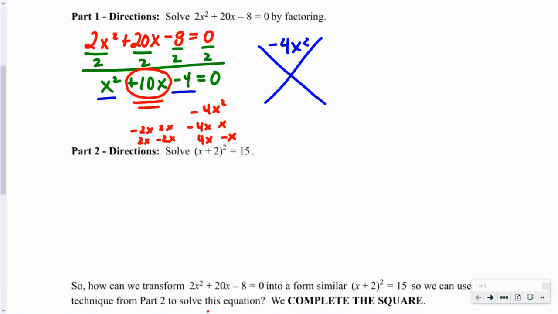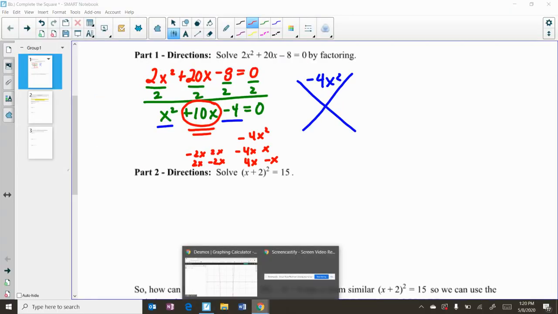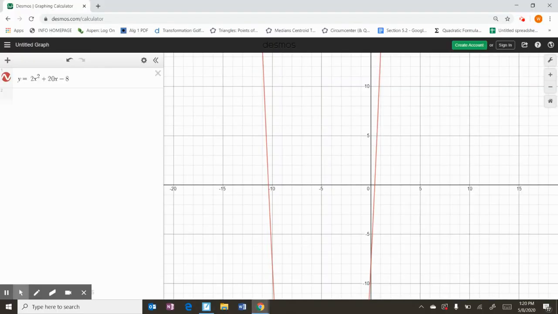So the question becomes, how do we solve equations if we can't factor the trinomials nicely? This equation does have answers, and I graphed the function on Desmos so we can see. You can see that the graph of the quadratic is intersecting the x-axis. It looks like x equals about 0.39 is one of the x-intercepts, and negative 10.385.